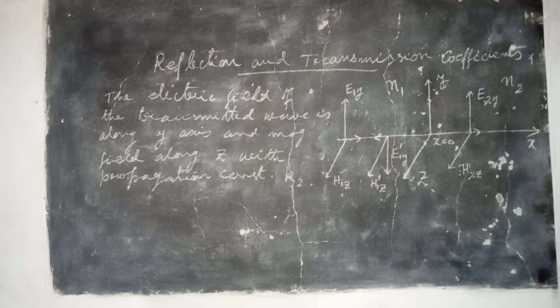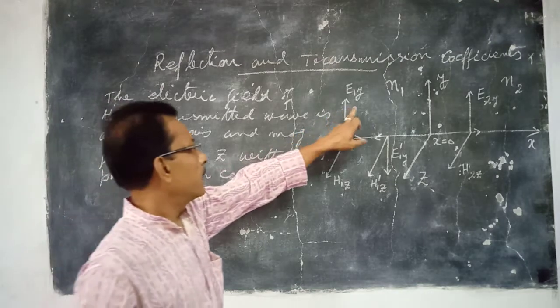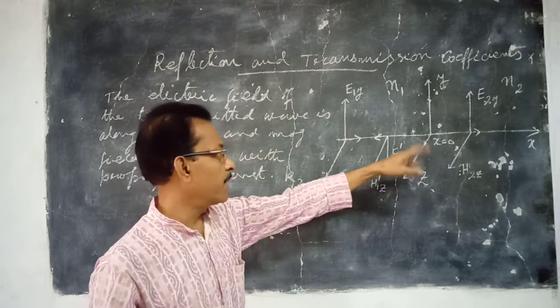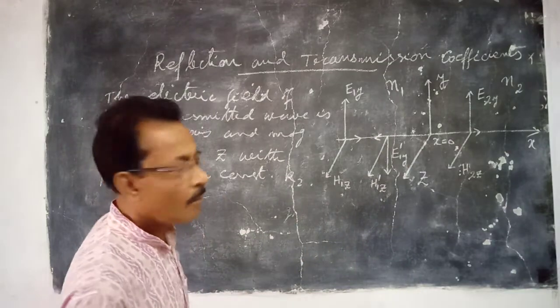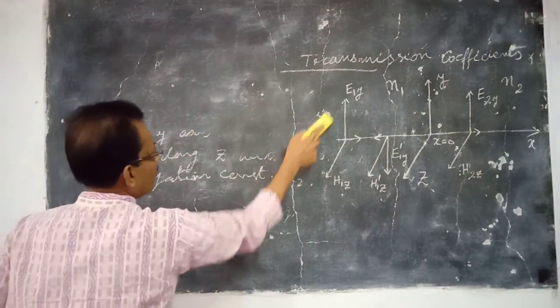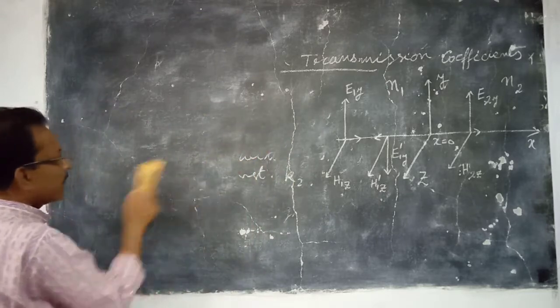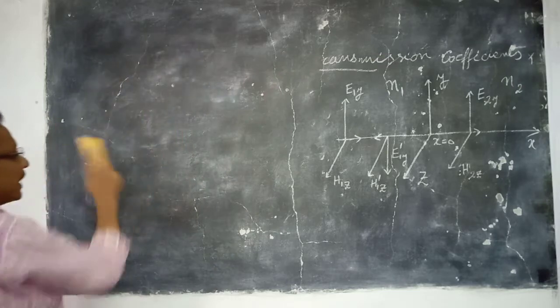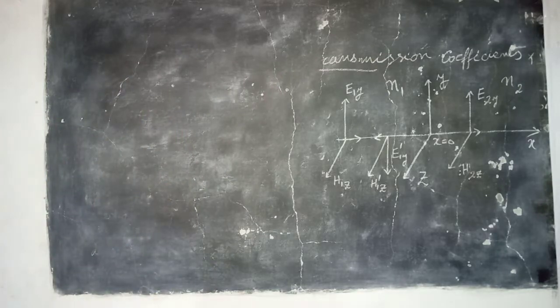Now let us represent E1y, H1z, E1y prime, H1z prime, everything in terms of time varying fields. Because the electric and magnetic fields will vary with time and space. So how they are represented, as we have written earlier.